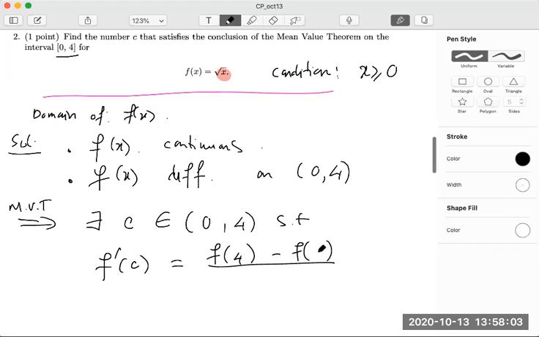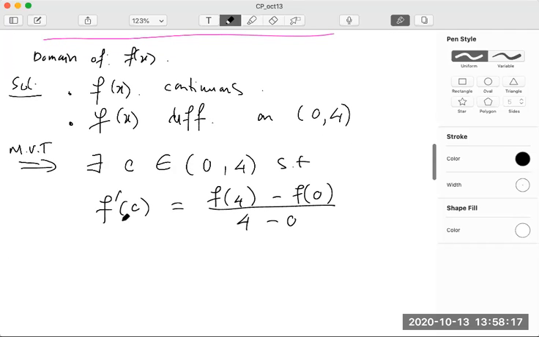Yes, f of 4 minus f of 0 divided by 4 minus 0. Yes, this is what we have from the mean value theorem, right? Okay, the same story. We need to compute the derivative of this function at the point c, right?